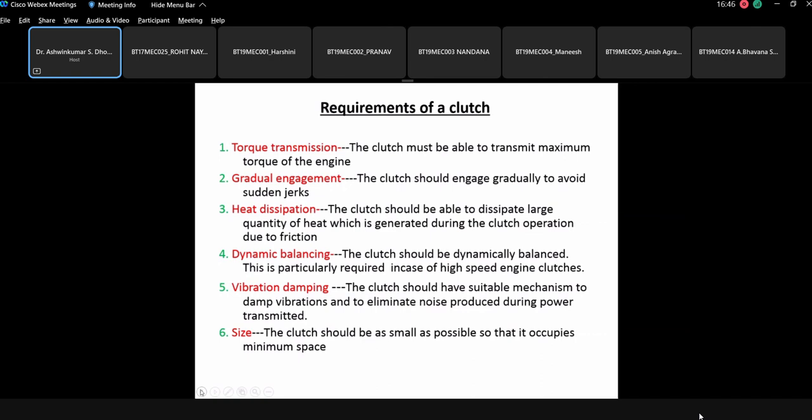Please understand this. Now, gradual engagement: the clutch should engage gradually to avoid sudden jerk. You might have seen this when you drive somebody's vehicle which you are not used to driving. Let us say you are driving the bike of your friend.